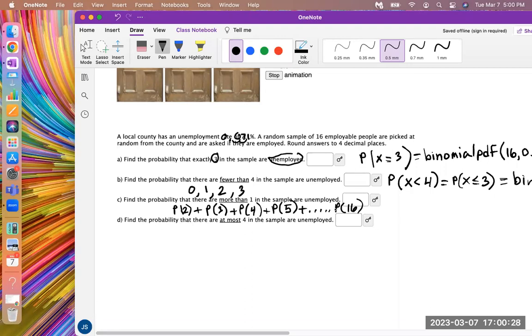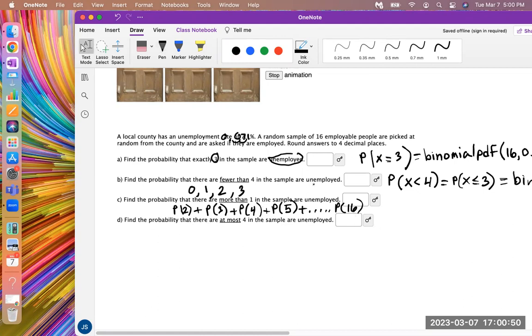A better way of doing it is to think, what's the opposite of more than 1? The opposite of more than 1 would be 1 or less. That is the complement.